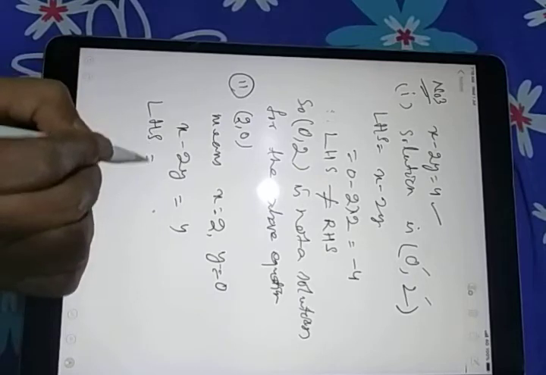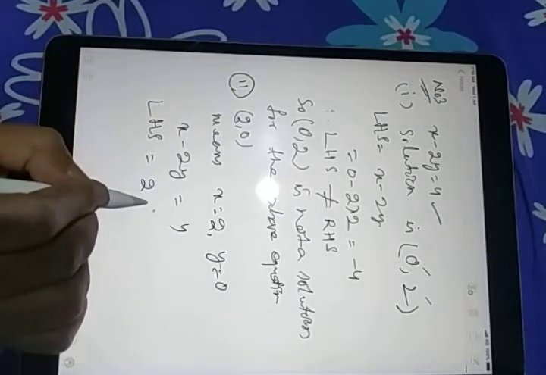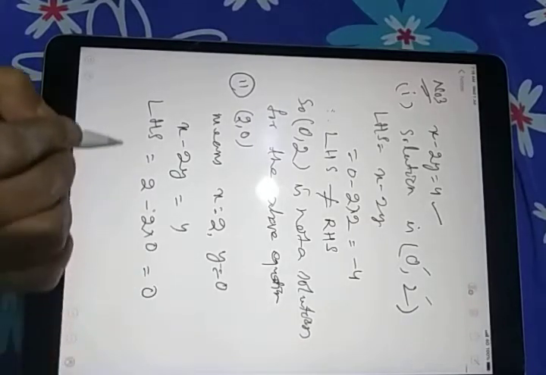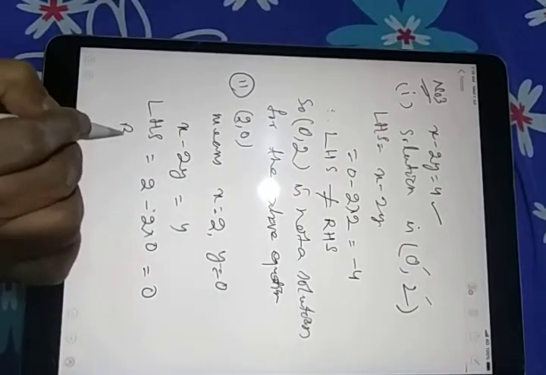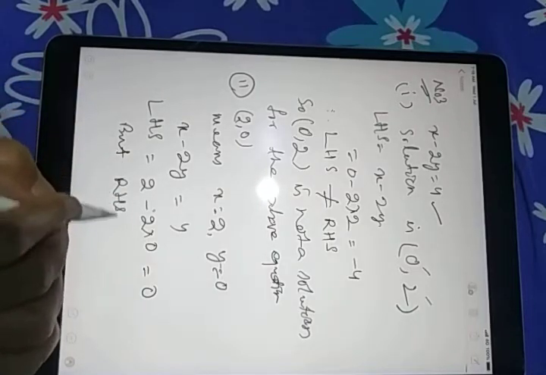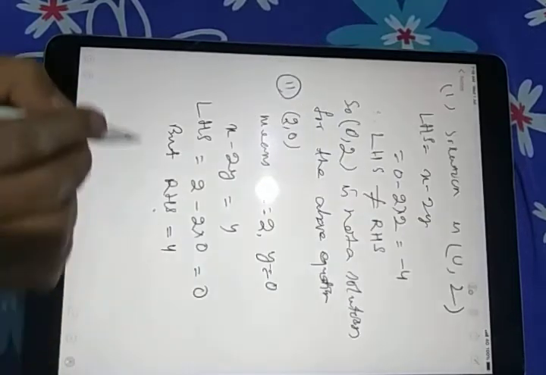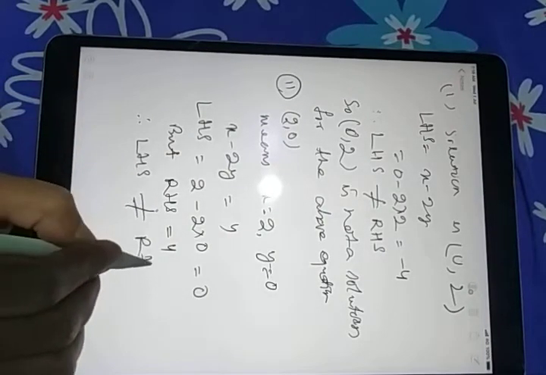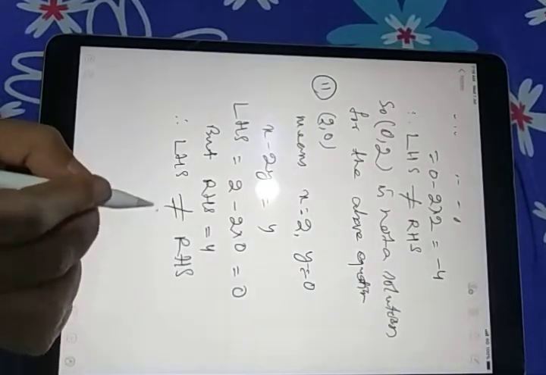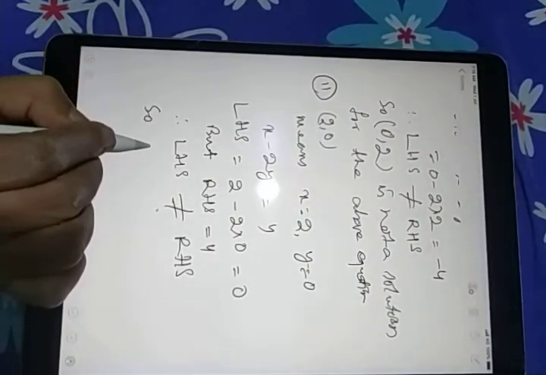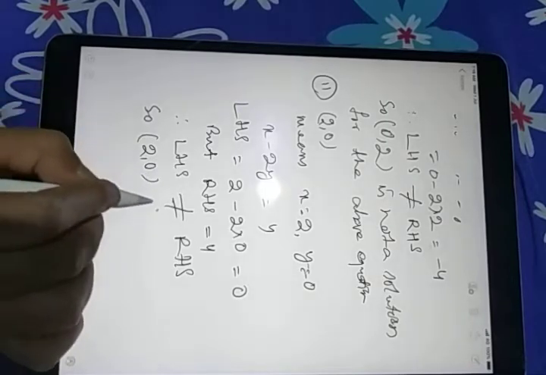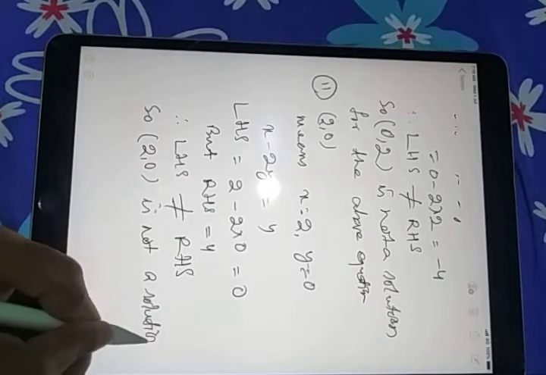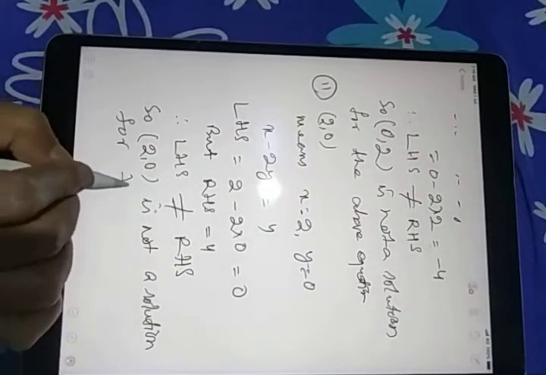LHS will be equal to x is 2 minus 2 into 0 equal to 2, but RHS equal to 4. So LHS is not equal to RHS. So (2, 0) is not a solution for the above equation.